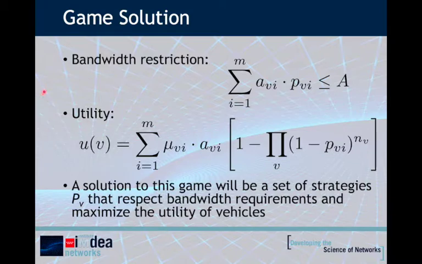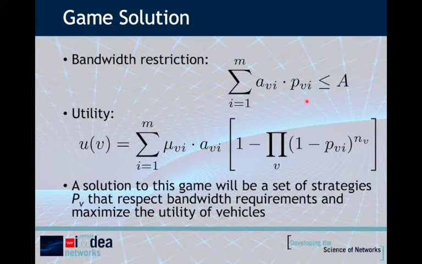Whatever the solution, it needs to satisfy the bandwidth restriction, because we're going to assume that the bandwidth of messages that a given vehicle can receive from the server is limited by this capital A in bits per second or bits per slot.